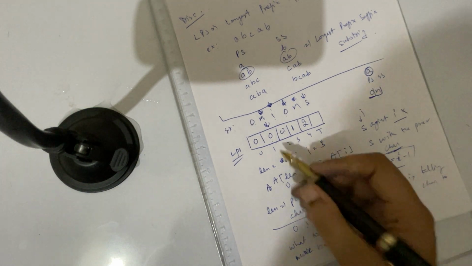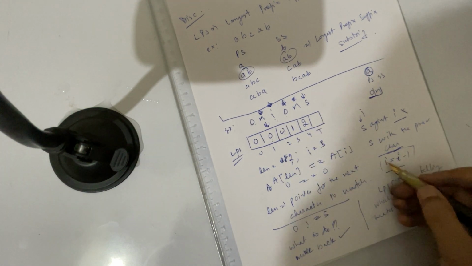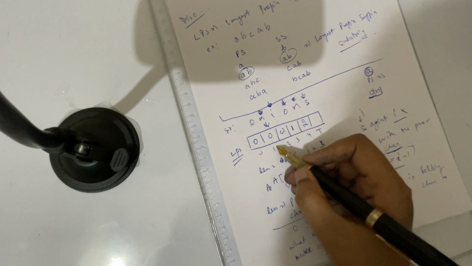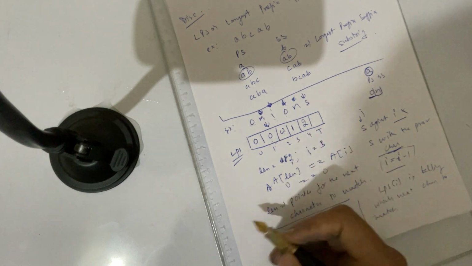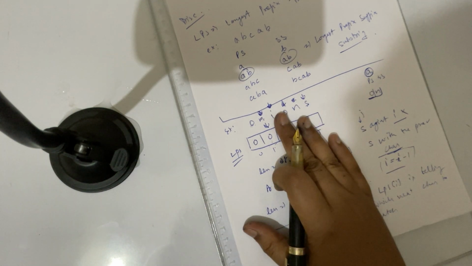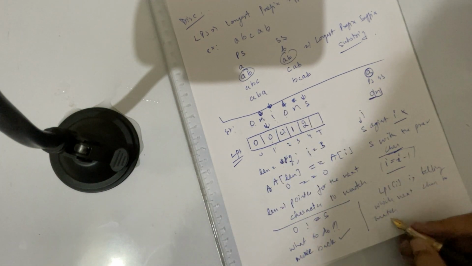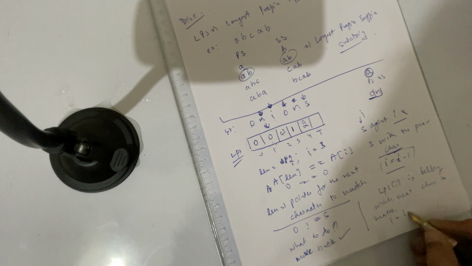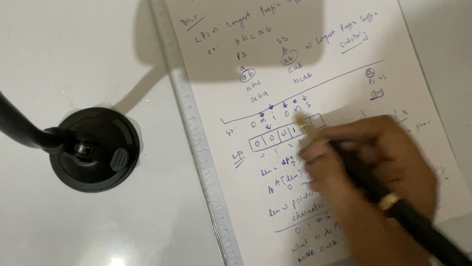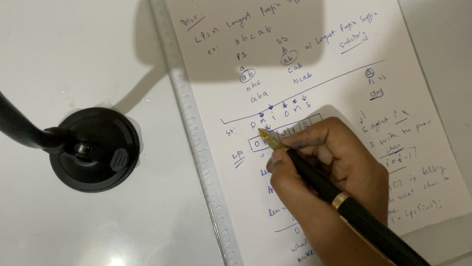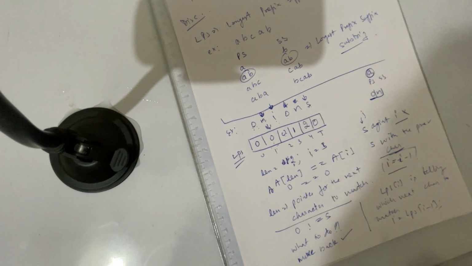If I go to I minus 1, which is 2 minus 1 is 1, LPS of 1 is telling me that I have to match against 0 now. So length will become LPS of I minus 1. It is telling me I have to match with 0. Is S equal to 0? No. So length is equal to 0.